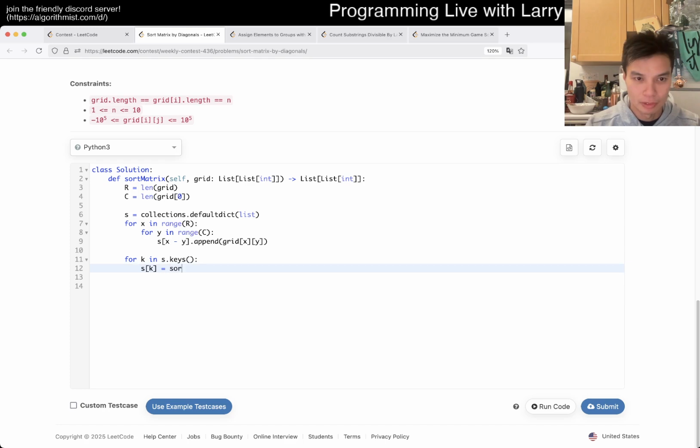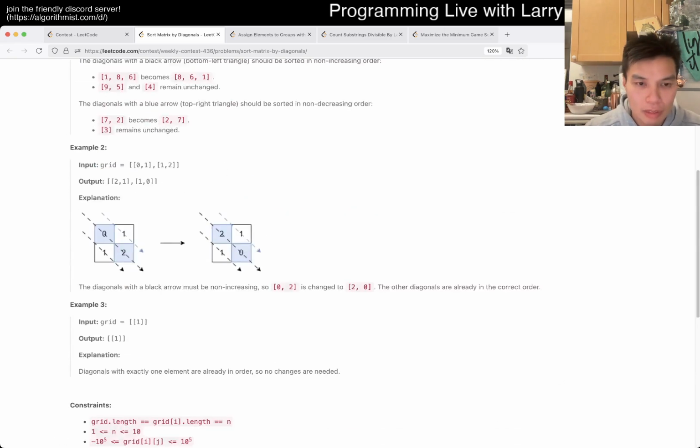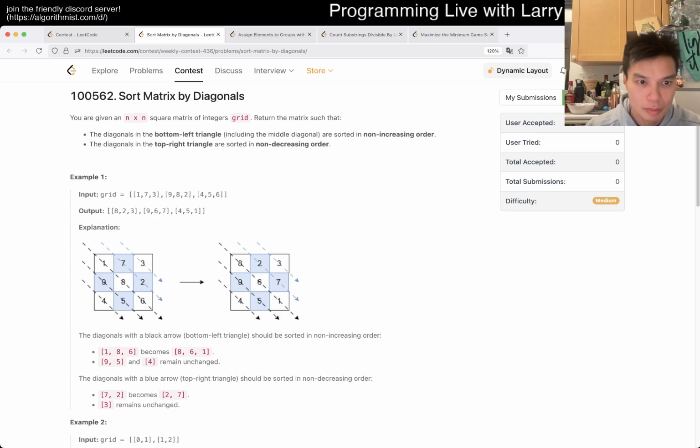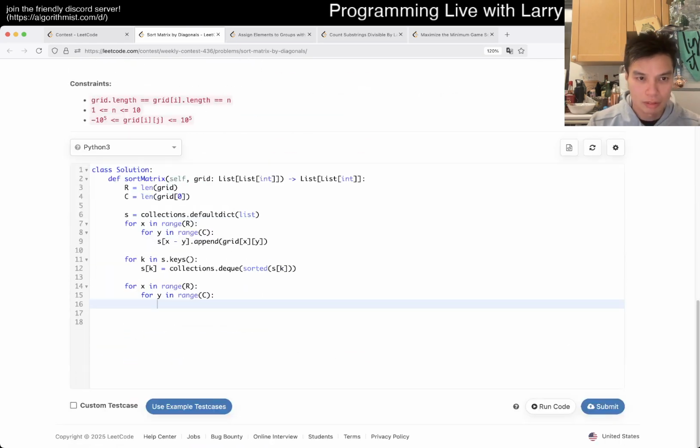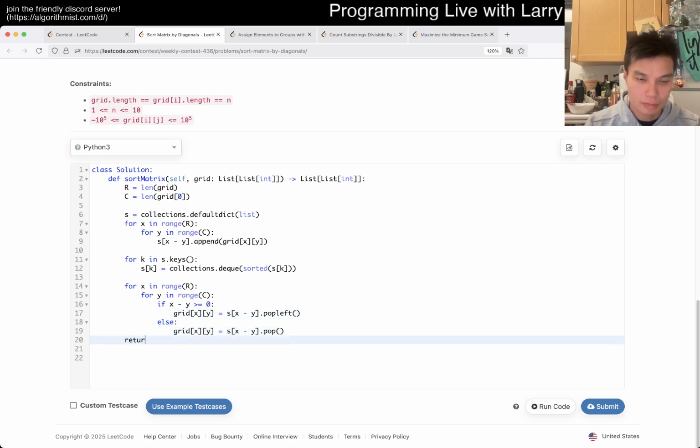Let's convert them to deque. Okay, so if x minus y is 0, x greater than y is going to be bottom, then we want something like that.